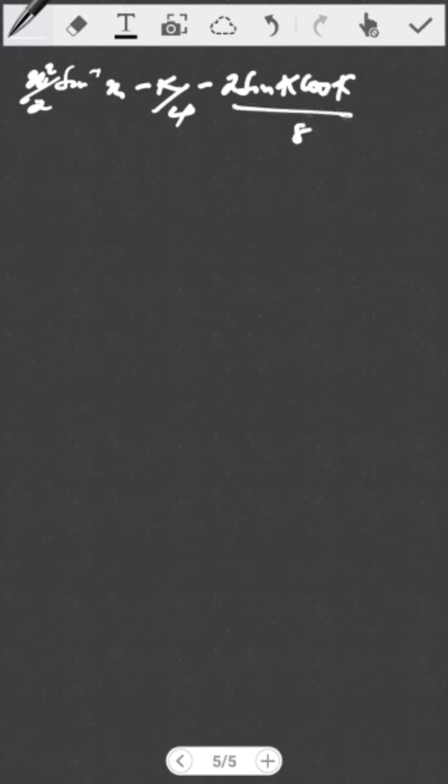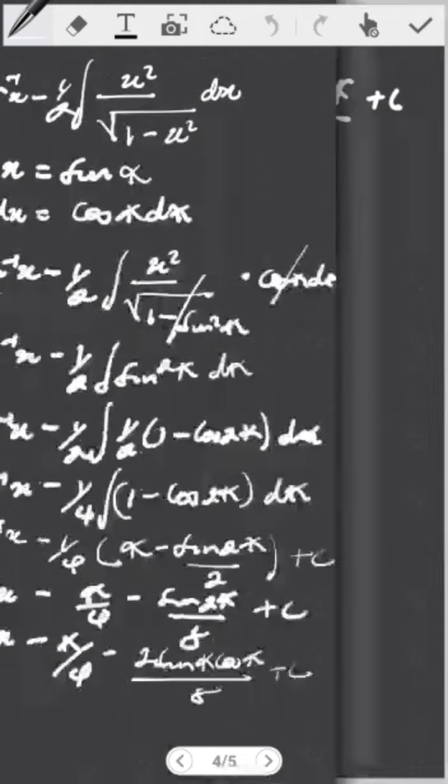So if I have x squared out of 2 sine inverse of x minus k out of 4 minus 2 sine of k cos of k all over 8 plus an arbitrary constant, previously I think we forgot something.